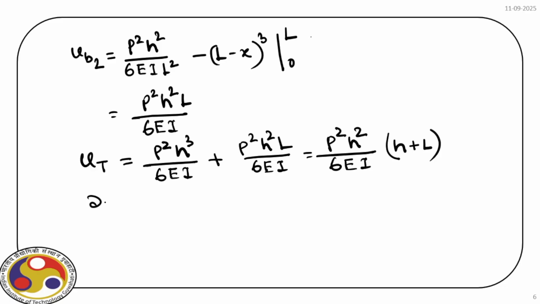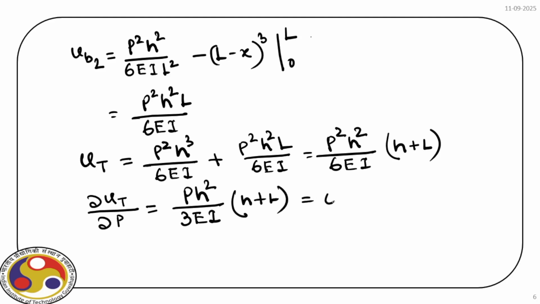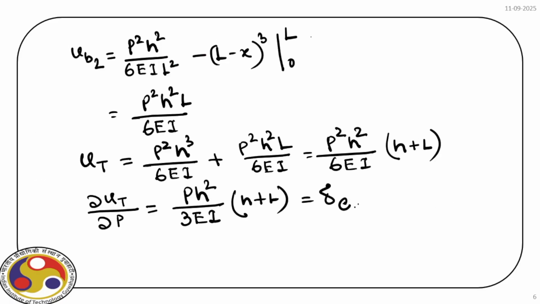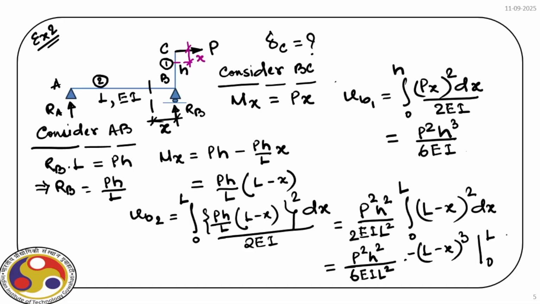So now if we differentiate this total strain energy with respect to P, the applied force, we have P times H square divided by 3 EI, then within bracket H plus L, and that is the displacement C, right? So this is displacement C. So we get the displacement at the point C due to this horizontal force P at this point.